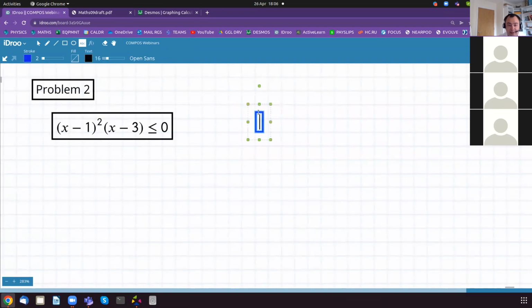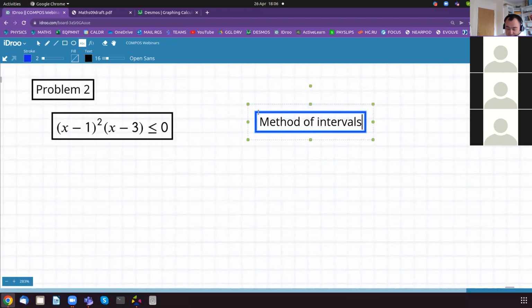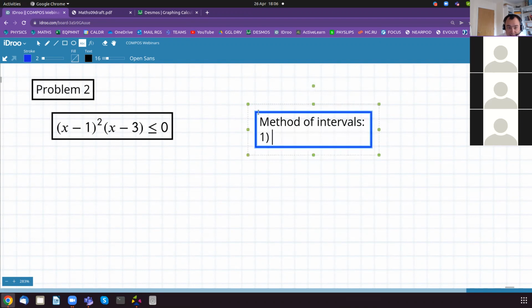You need to identify, first, where the function does not exist.